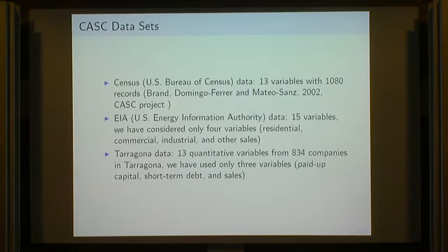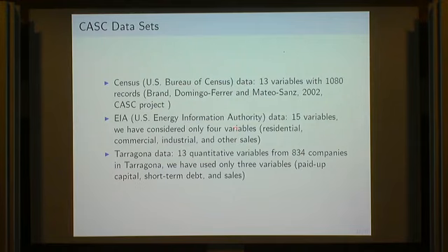So I have used 3 data sets that are known as reference data sets by the CSIRO project. These 3 data sets are the census data set that contains 13 variables with 1080 records, and the second one is the US Energy Information Administration data.